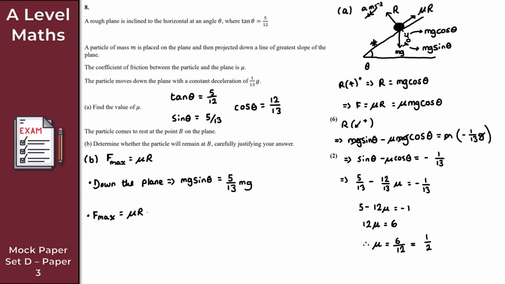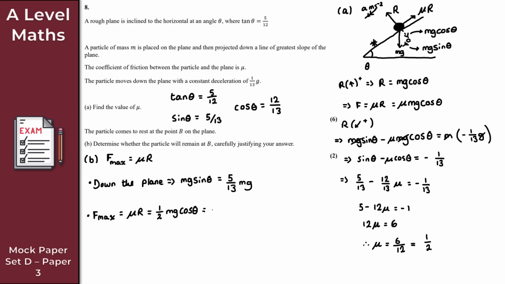Now, from the previous part of the question, we just deduced the value of mu, the coefficient of friction here. That's 1 over 2. So I've got 1 over 2 times R. And as we evaluated before, R is simply mg cos theta. So what I've got is a half mg cos theta.